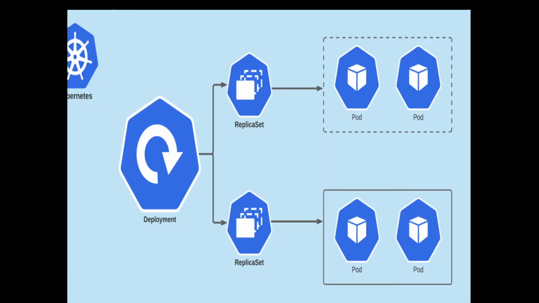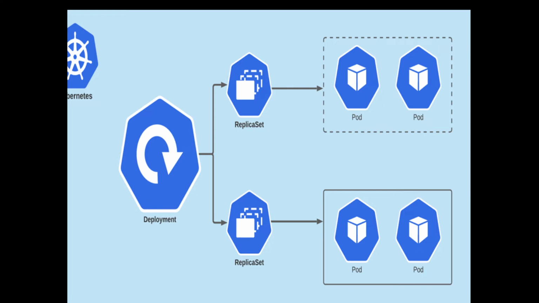Okay. So here you can see in deployment basically we are using a replica set, and here you can see we have 2 pods and here we have 2 pods. So suppose we have created and deployed version v1. Next time, if you want, we can deploy version 2.